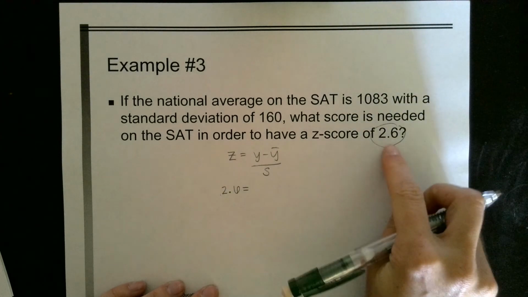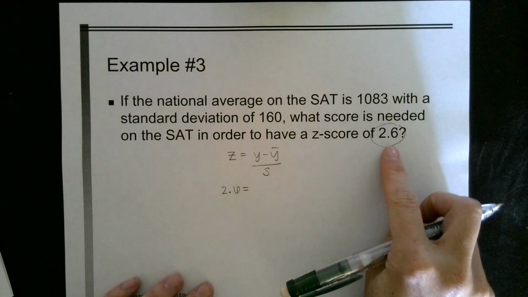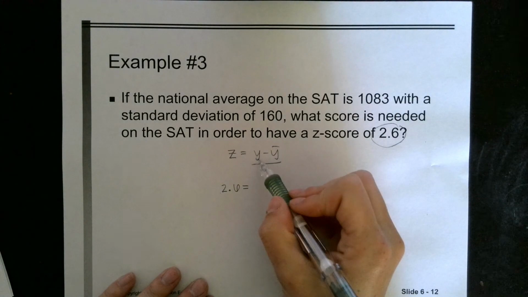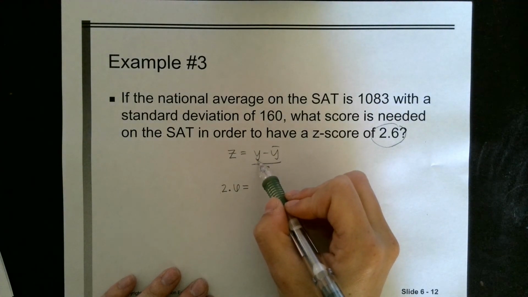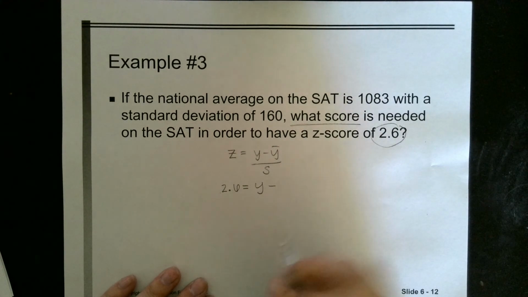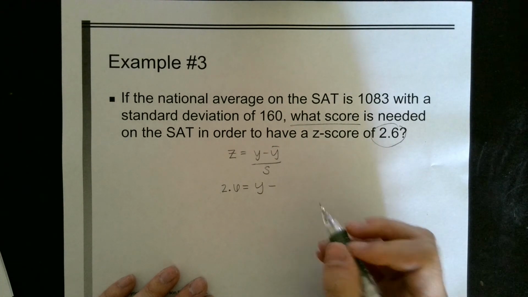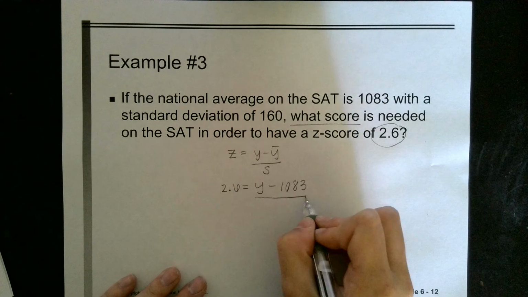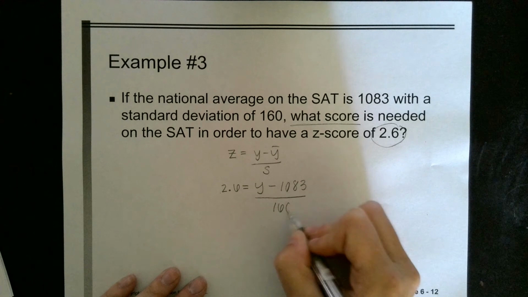I want to have a score that is 2.6 standard deviations away from the average. Do I know what score I'm looking for yet? No, that's what they're asking. What score is needed? So I'll be solving for my individual, my y. The average was the 1083, and the standard deviation is 160.